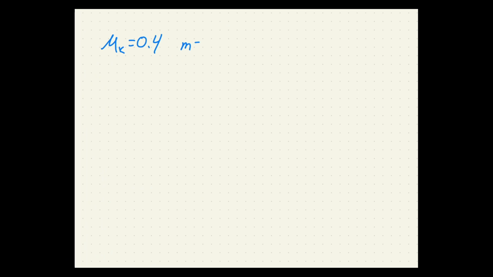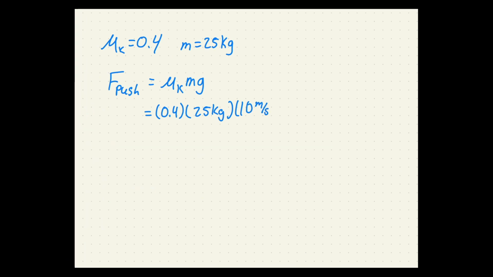We'll say our mass is 25 kilograms, and we know what g is. So I can calculate my push force, F push, from the previous page, as mu k times mg. Plugging that into my calculator gives me 0.4 for mu k, 25 kilograms for m, and 10 meters per second squared for g.